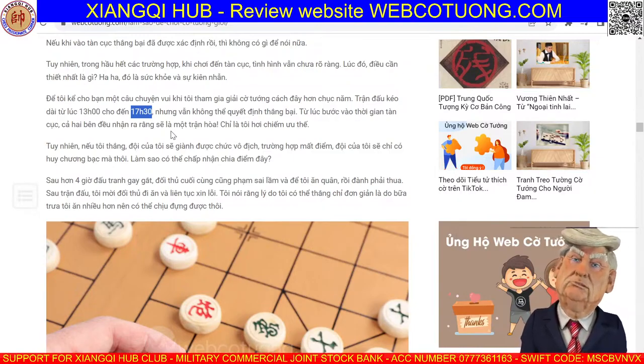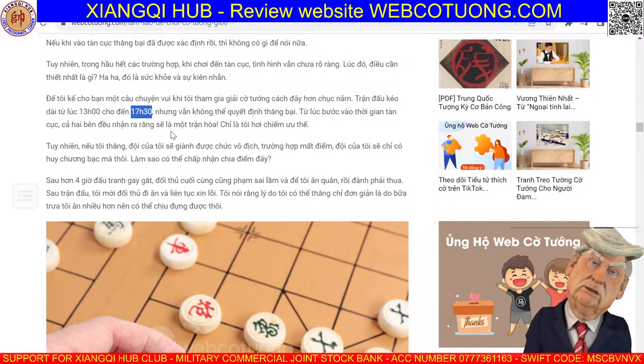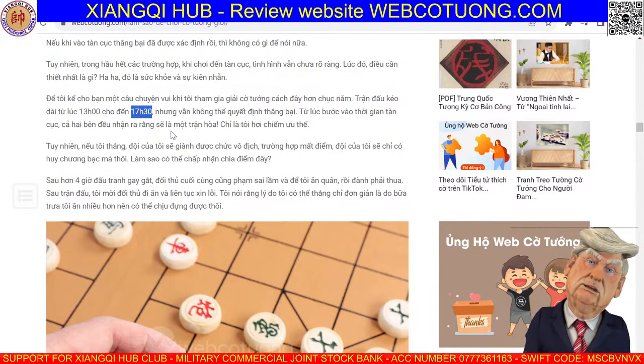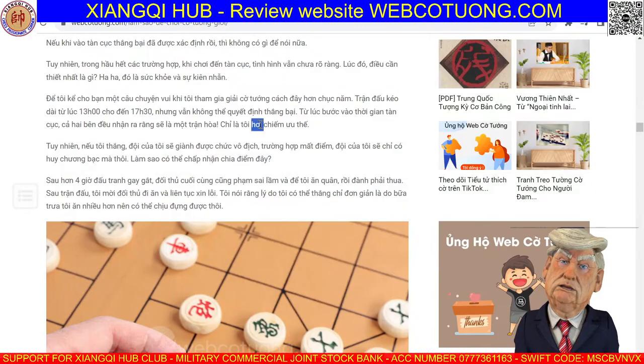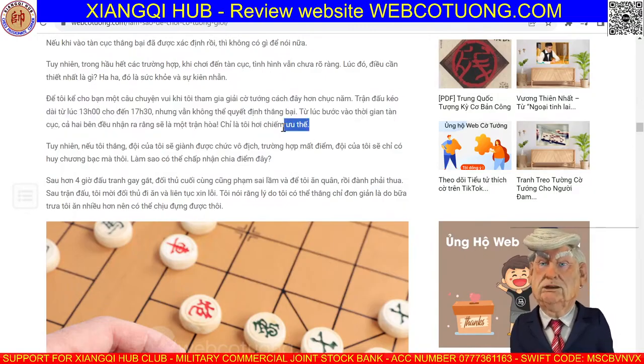From the time the game turned to the end game, both sides could recognize it would come to a draw position, with the author having a little bit of advantage.